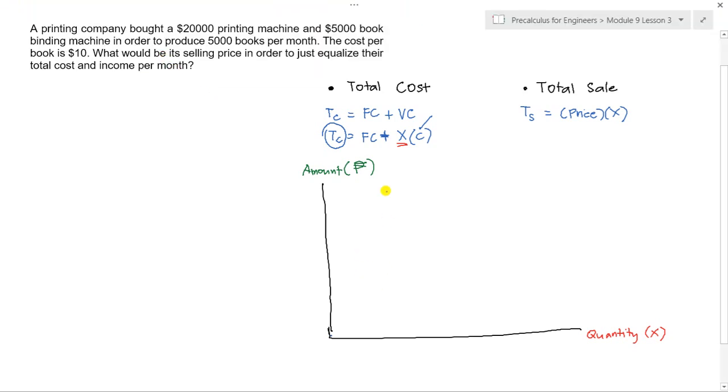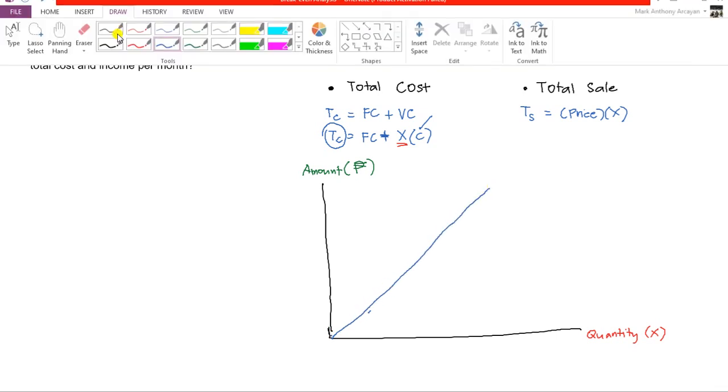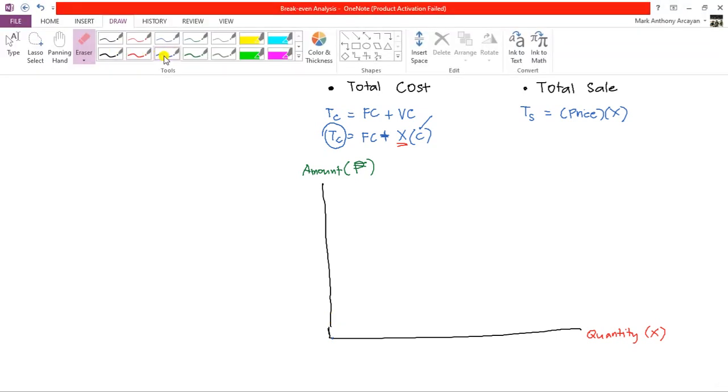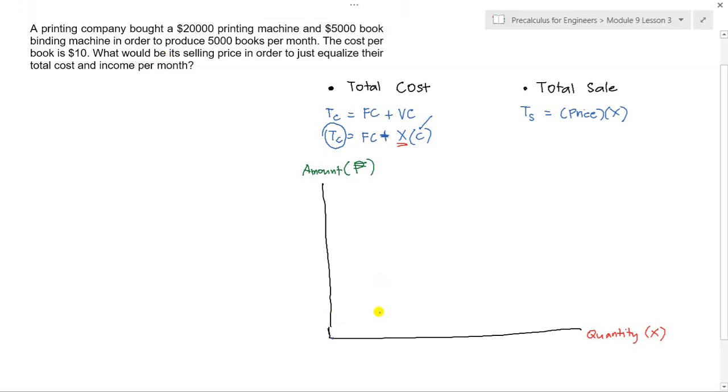So if we're going to graph this total cost, this is a straight line, on a Cartesian coordinate plane. But actually, since we have a fixed cost, let's say this is our fixed cost, FC.